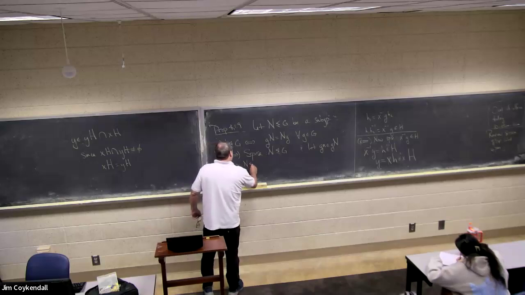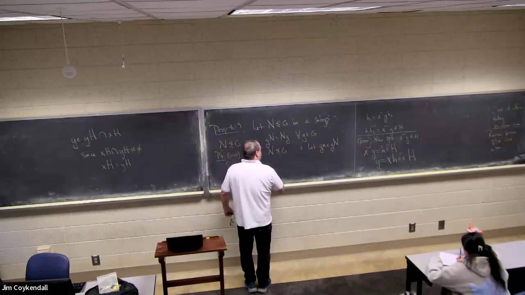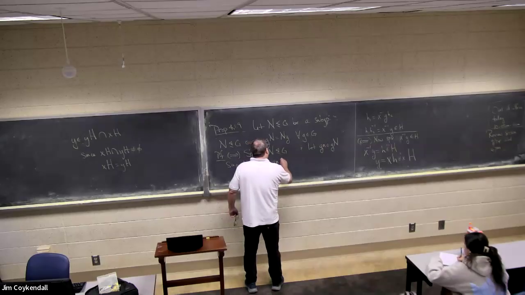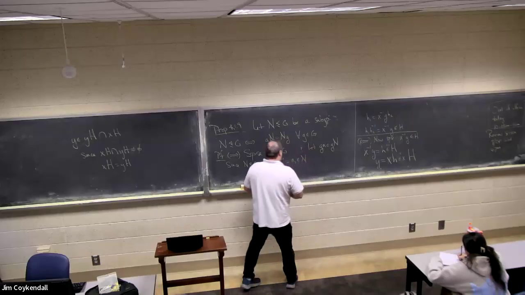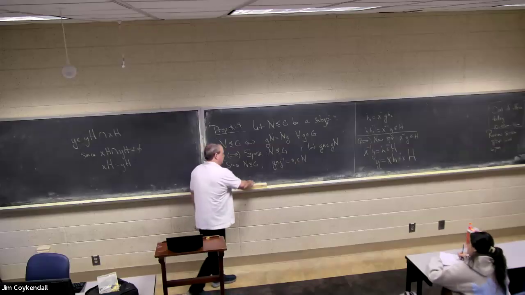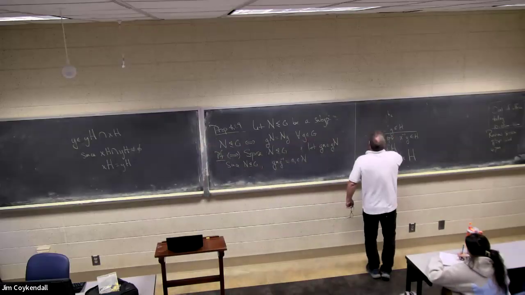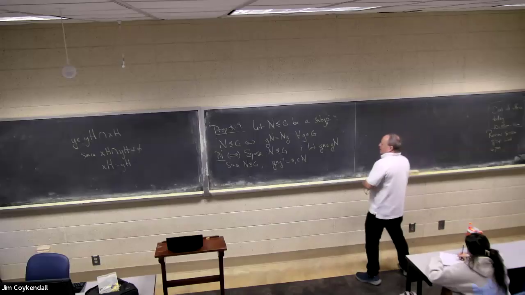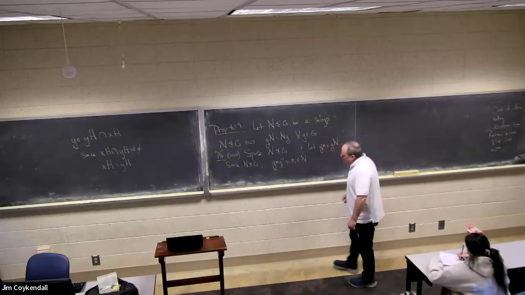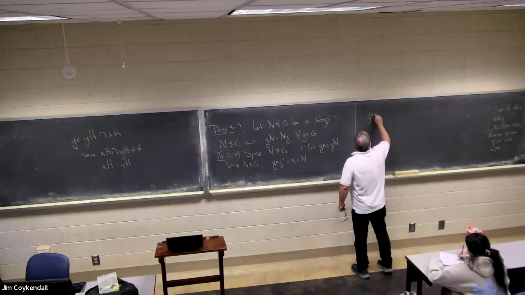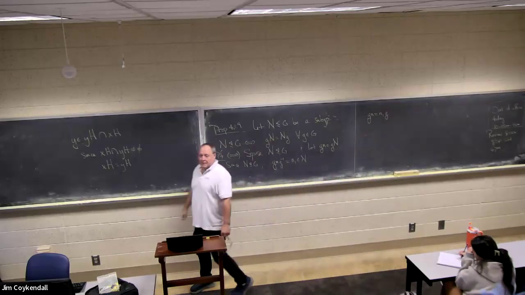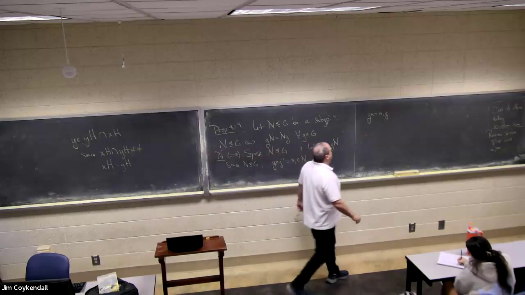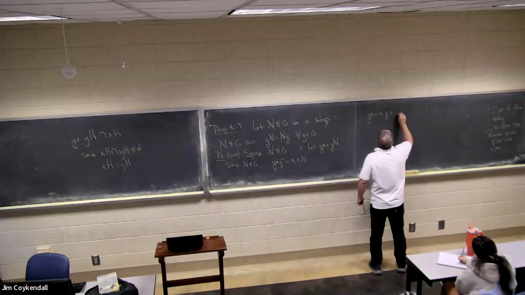Since N is normal in G, you must have that gng inverse equals n1 in N, right? So what does this mean? Multiply on the right by g. And I obtain that. And what does this mean? This means that gN is contained in Ng.